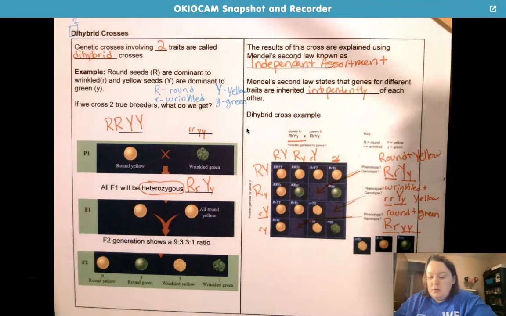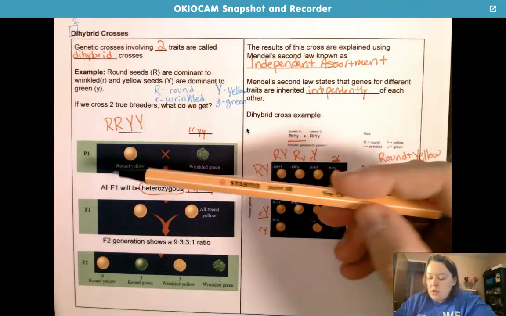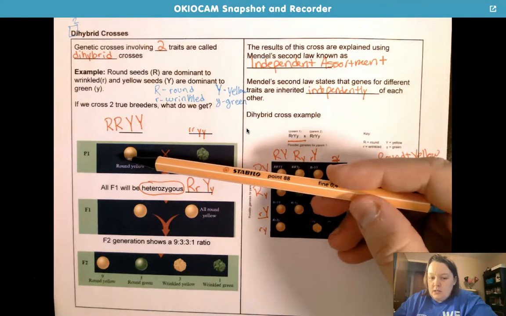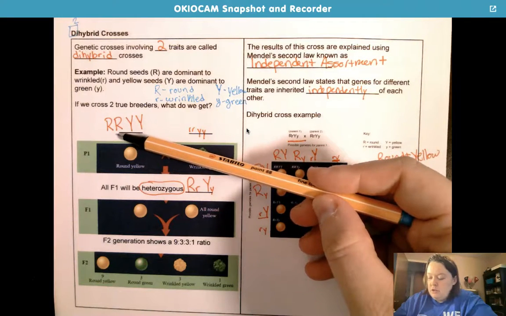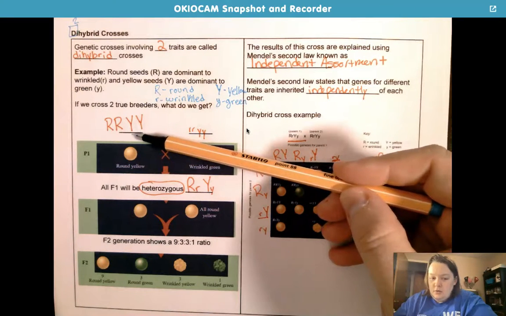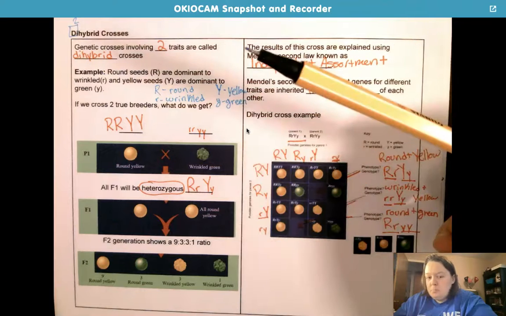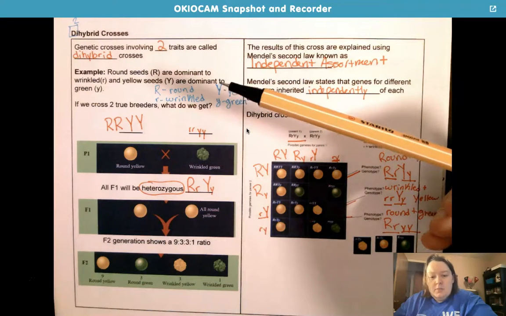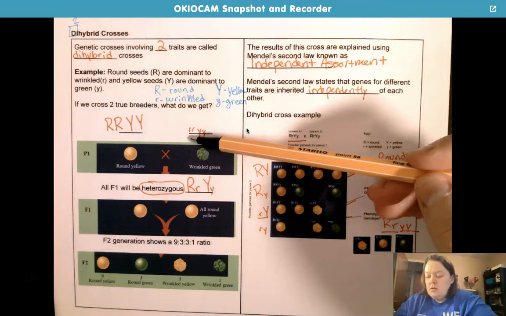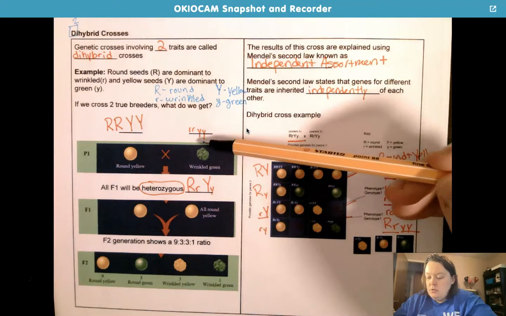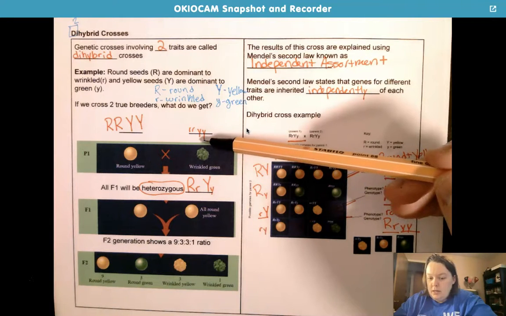When Mendel did his experiment, remember, he always started with true breeding plants, which are homozygous plants. Homozygous for round and yellow is going to be capital R, capital R, and capital Y, capital Y. The opposite homozygous would be homozygous for wrinkled, which is lowercase r, lowercase r, and homozygous for green, which is lowercase y, lowercase y.